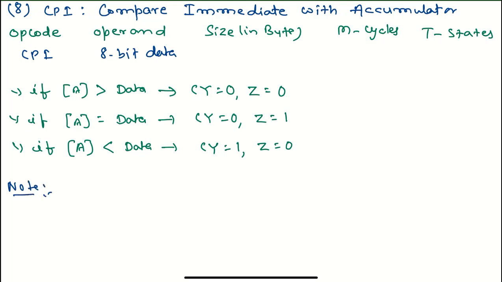The remaining flags, apart from carry and zero, are the sign flag, the parity flag, and the auxiliary carry flag.